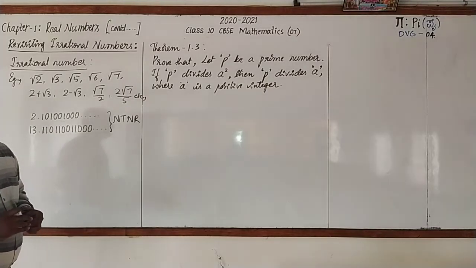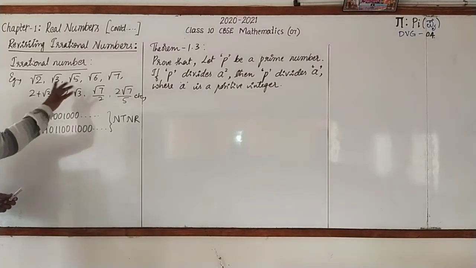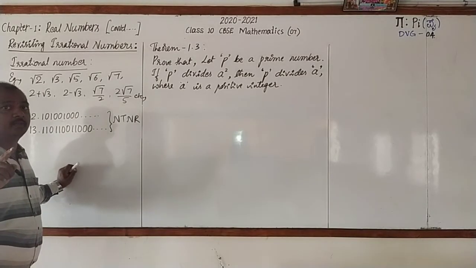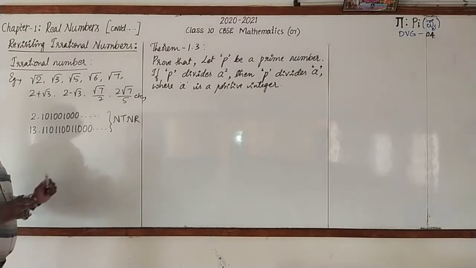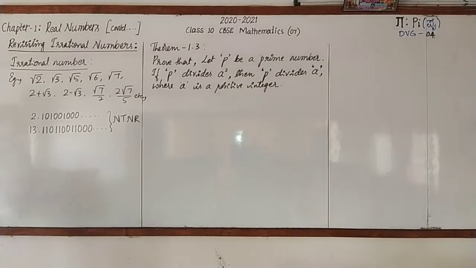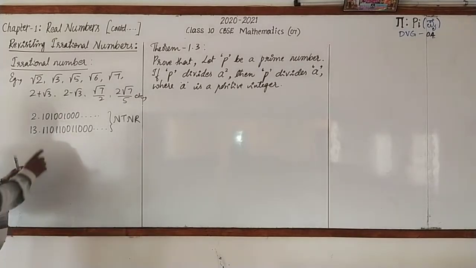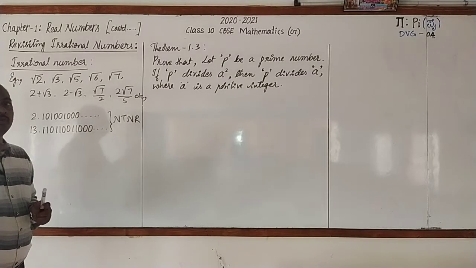Clear? Now, in this part, you are going to prove that these numbers are irrationals, which you have already learned in 8th standard by a method called division. And this year you are going to learn one method. Before going to the method by which we are going to prove these as irrationals, we have to know two important points.